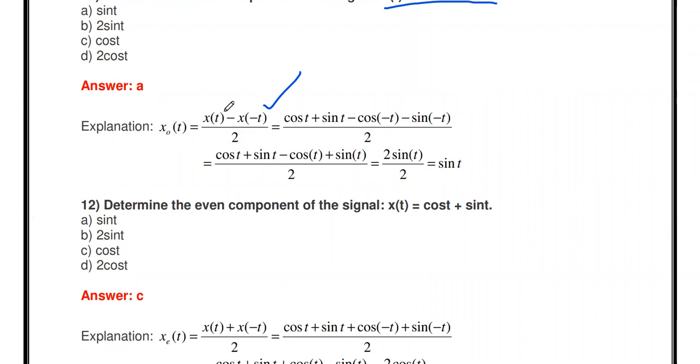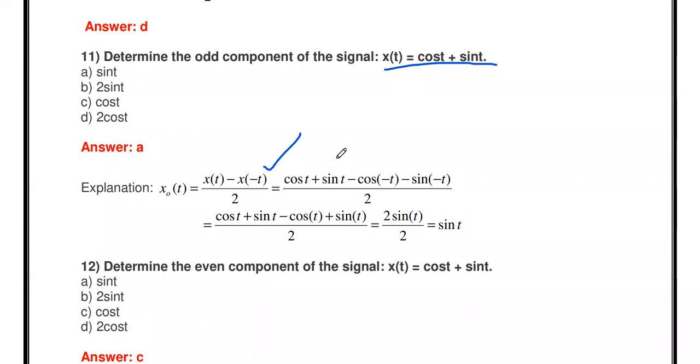First you just write x of t, which is given as cos t plus sin t. Then minus x of minus t. What is x of minus t? In the x of t expression, you just replace t by minus t. So minus cos of minus t minus sine of minus t.